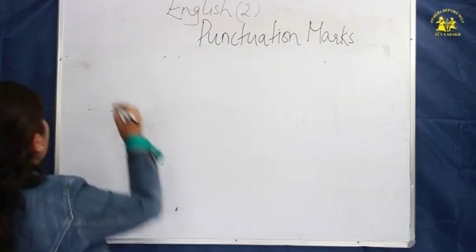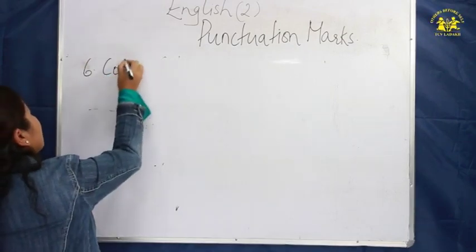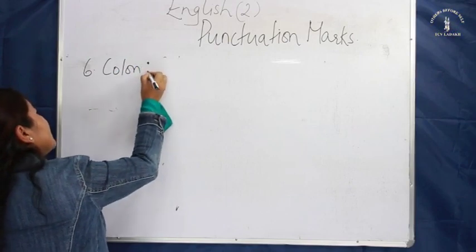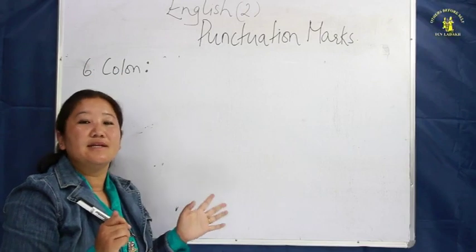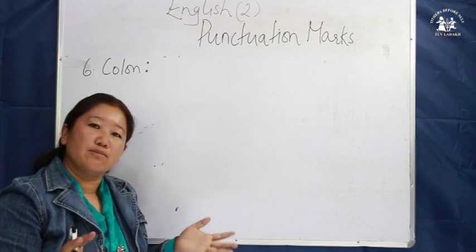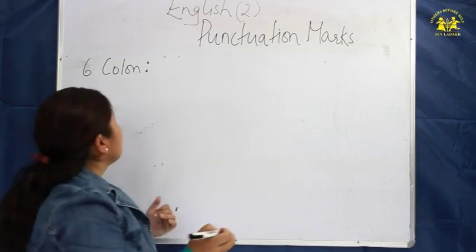All right, the next one, the sixth one, is the colon. The sign is two dots. You have seen this many times in sentences, in stories, in books, in the texts that you have read so far.